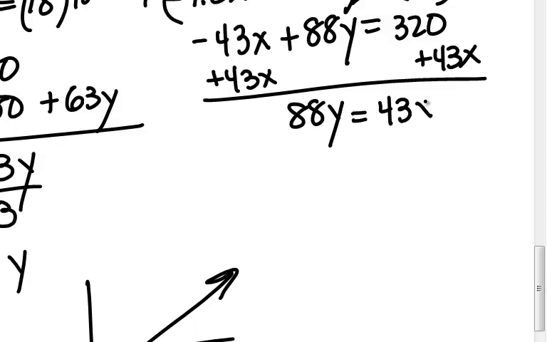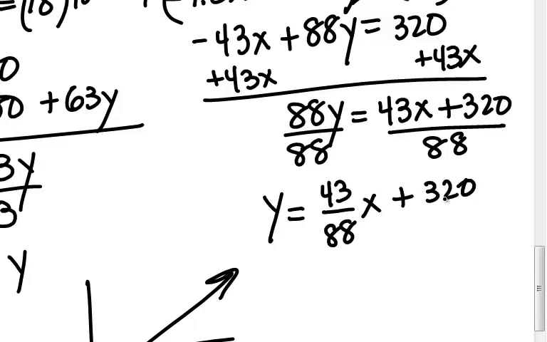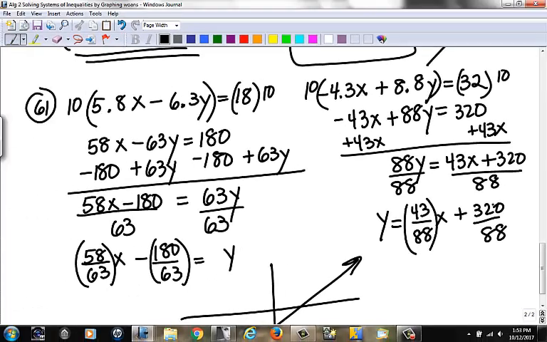Put the x value first, then the 320, divide by 88, and y equals 43 over 88 x plus 320 over 88. Okay, put parentheses around this.